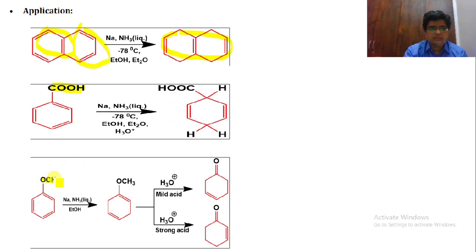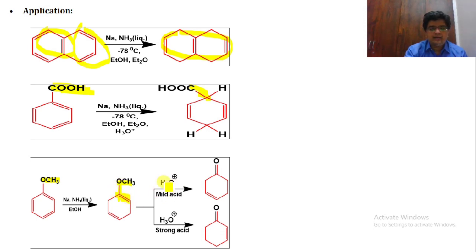This is the OCH3 group. You just have to remember that by the Birch reduction, this COOH group will be attaching towards the sp3 carbon, and this is an electron donating group, which will be attaching towards the sp2 carbon.